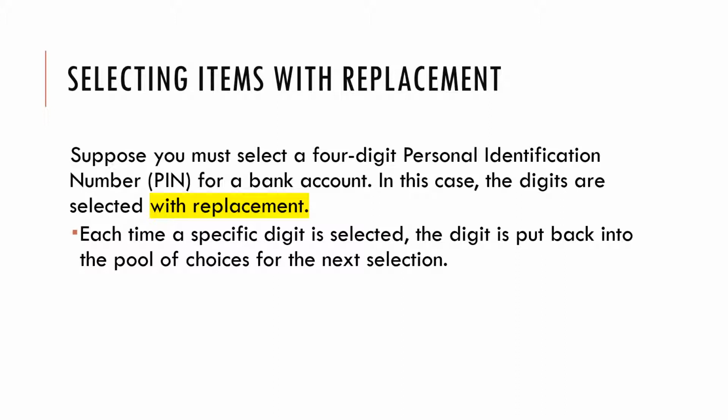So if you wanted to, you could go in and choose your PIN number to be like 1111. So the digits are selected with replacement. And here I've just detailed what that means. It says each time a specific digit is selected, the digit is put back into the pool of choices for the next selection.